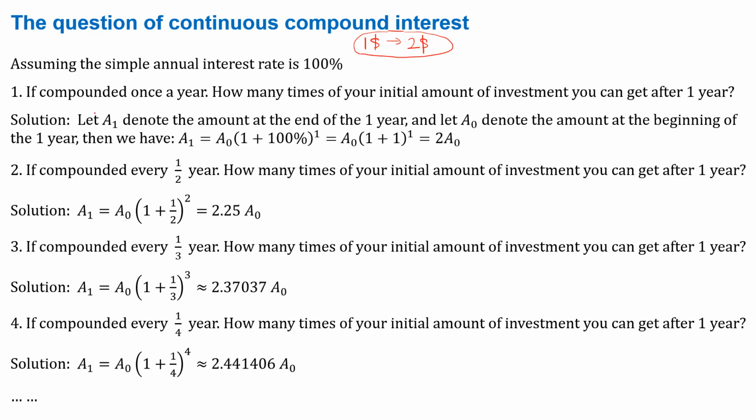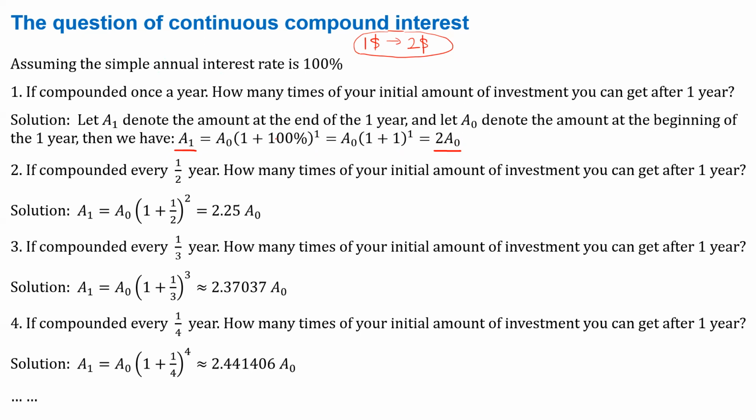So in general, if we let A1 denote the amount at the end of the 1 year, and let A0 denote the amount at the beginning of the 1 year, then we have the following relationship. A1 should equal A0 times 1 plus 100% raised to the power of 1, right? Which is actually 2A0.